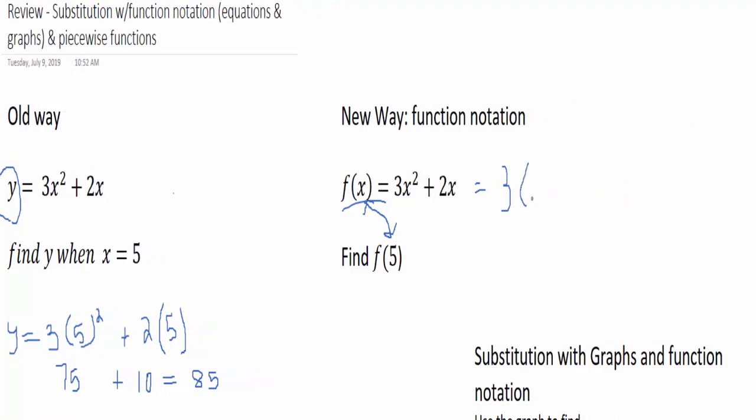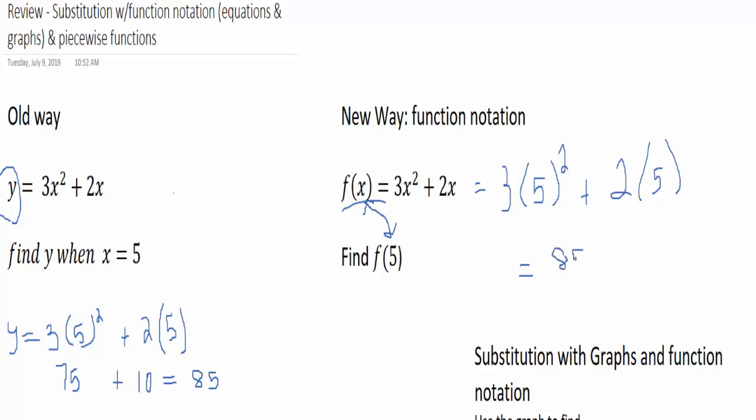So we have 3 times 5 squared, and again what you are substituting in should always go in parentheses. And then of course we would get the same answer because we have the same exact setup as before, so that still equals 85.